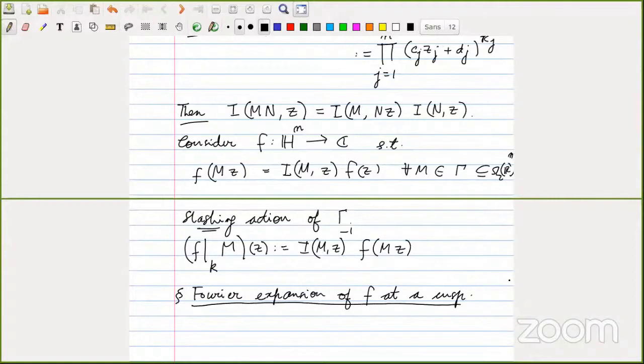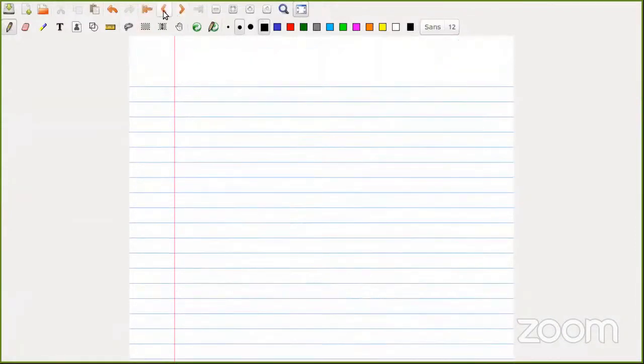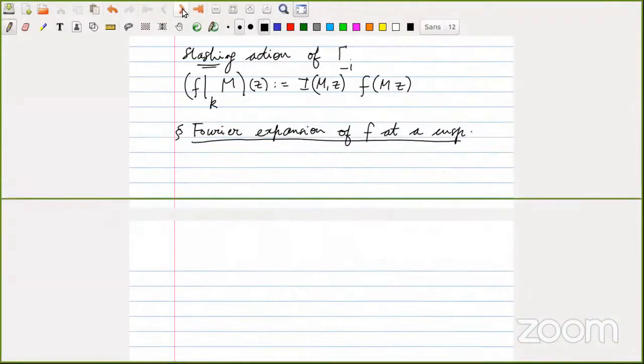For this, it's better to look a little bit more generally. So here we are assuming that infinity is a cusp of Gamma. We'll worry about other cusps, but let's start with this one.